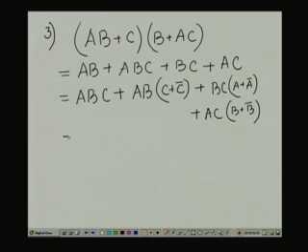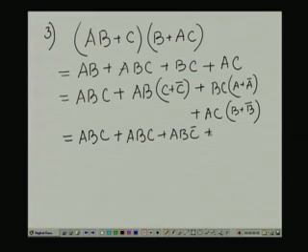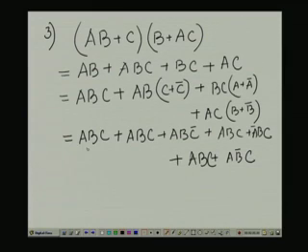So, how does it become then: a b c plus, now again if we take, a b c plus a b c bar plus a b c plus a bar b c plus a b c plus a b bar c. Now, see all the a b c terms become a b c, because x plus x equal to x.